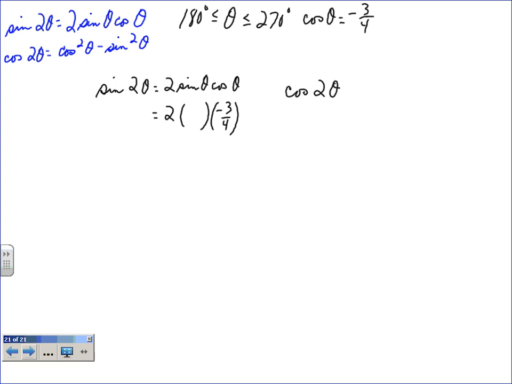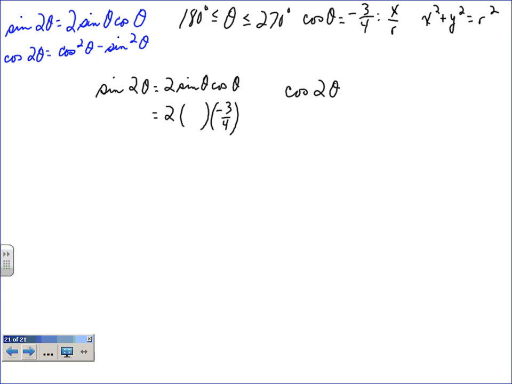Cosine is, you're right, x over r. I need sine, which is y over r. How do I find y? Pythagorean theorem. We can't forget that. X squared plus y squared equals r squared.